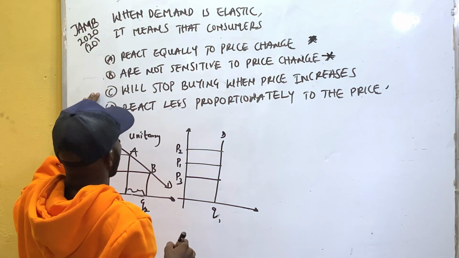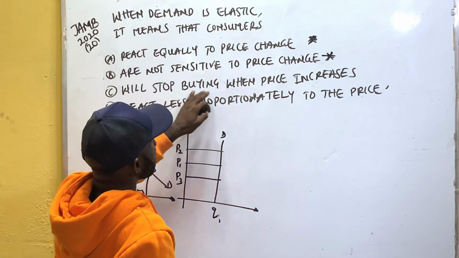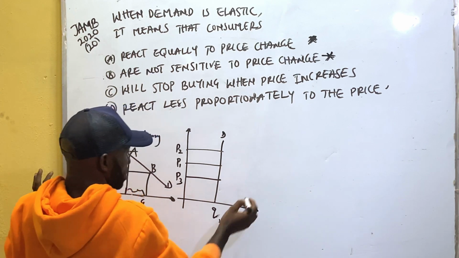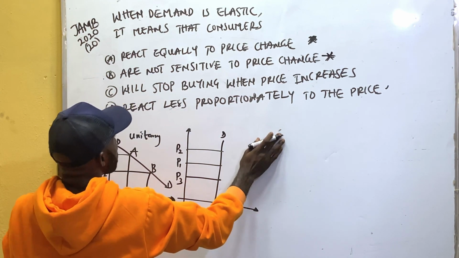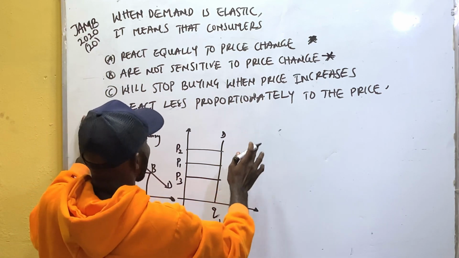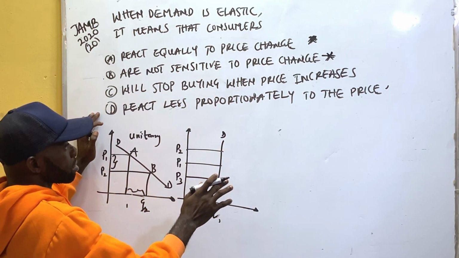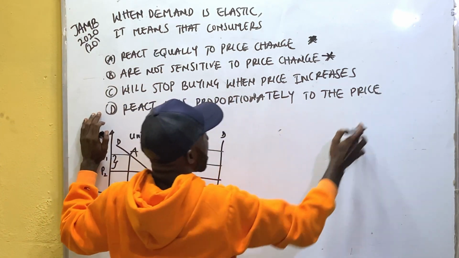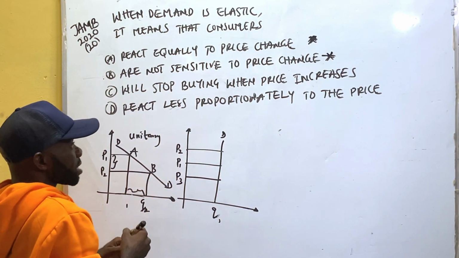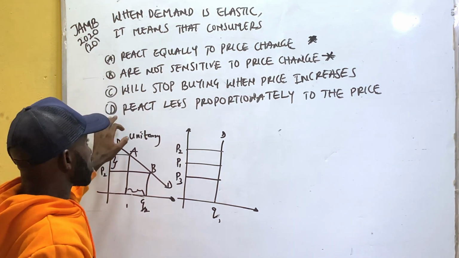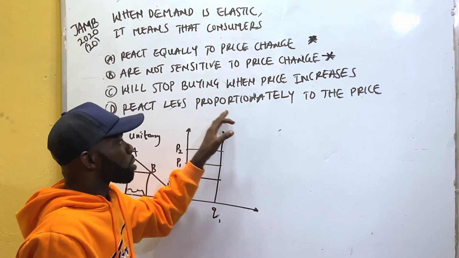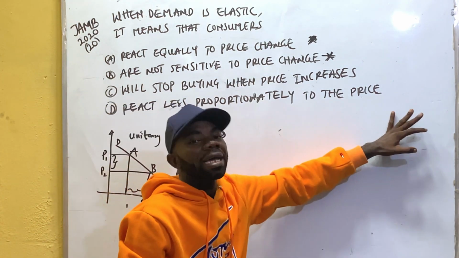What we have here, option C, will stop buying when price increases. Okay, that can be true. But before we judge that, I would like us to look at option D and confirm that option D can't be our answer. Because from what I can see, that's the option that's going to throw a lot of people off balance. Option D says react less proportionately to the price.